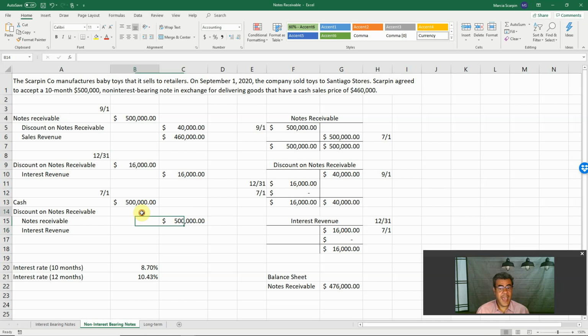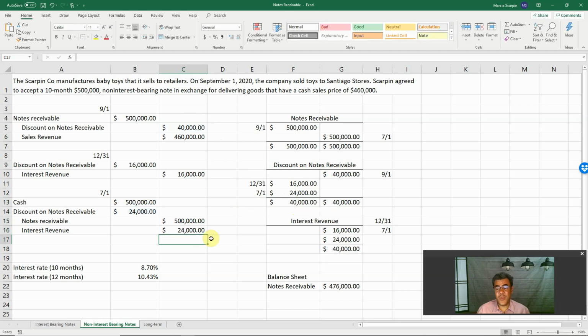Sorry. And the discount. How much is the discount? It is the number to close our journal entry here, or 40 times 6 divided by 10. So it is 24. So we close it. And the interest revenue is the same, 24.